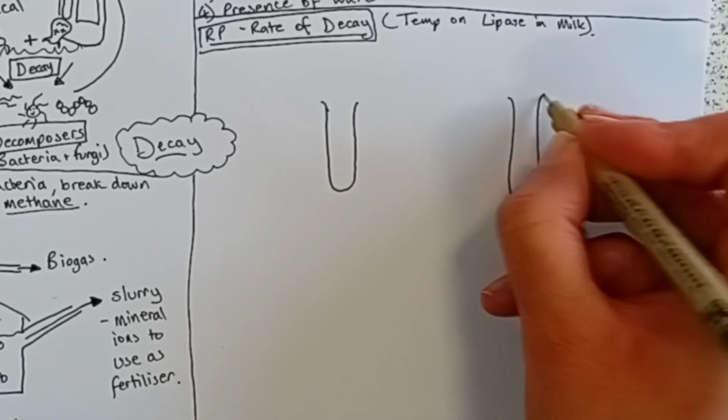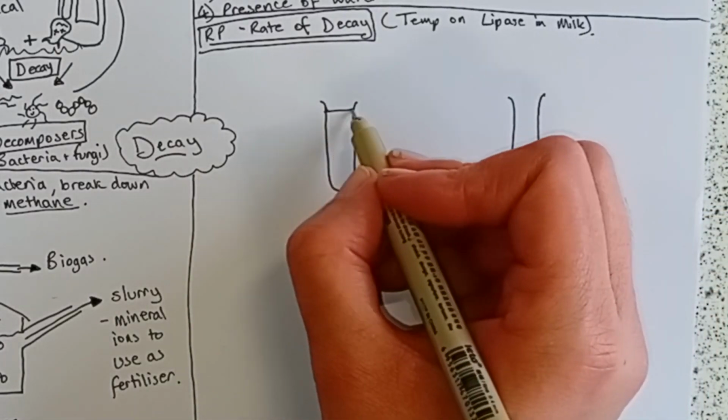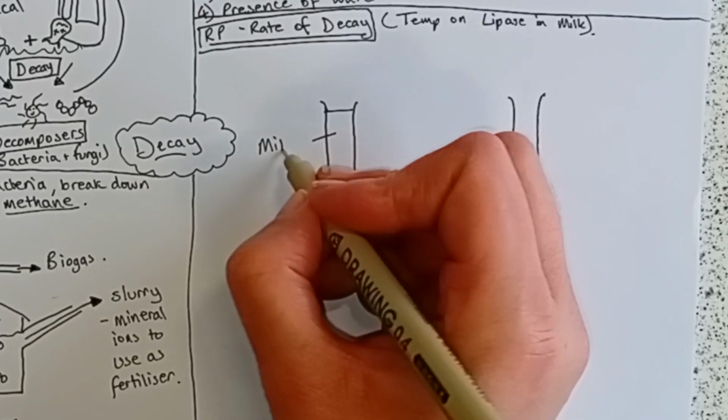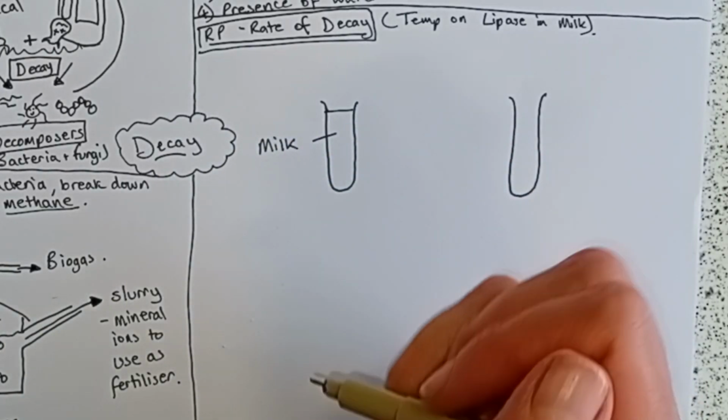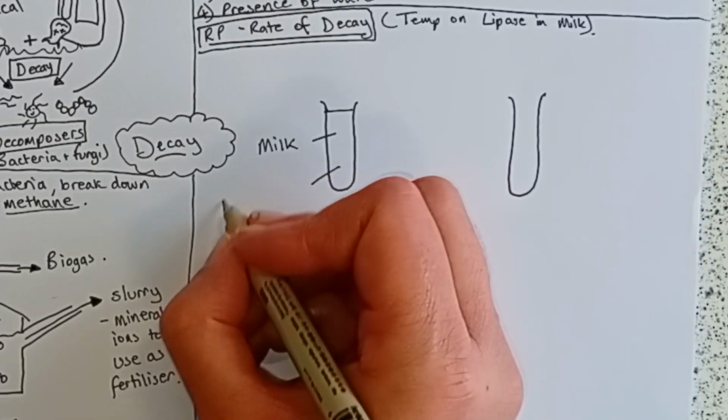So 2 tubes, test tube 1 and test tube 2. And in this experiment, we start off, we put milk in, that's our source of fat. We make it alkaline, so we add bicarbonate.